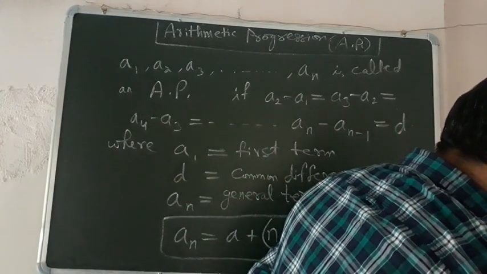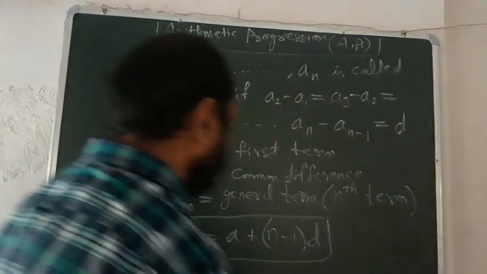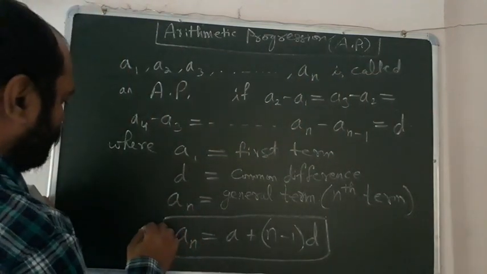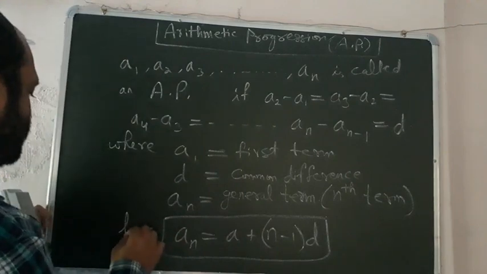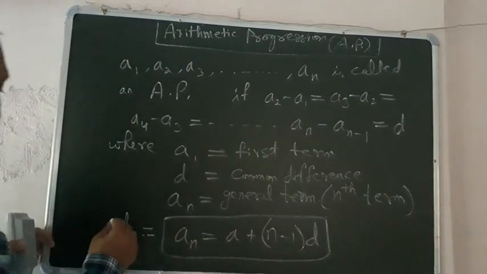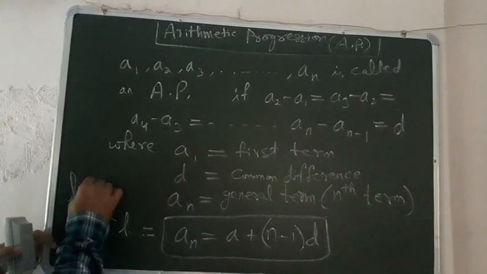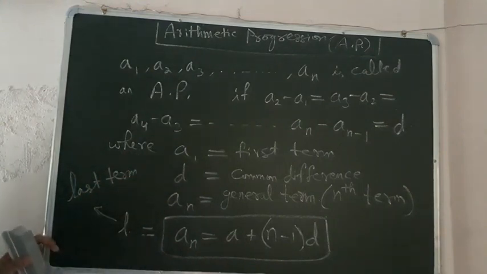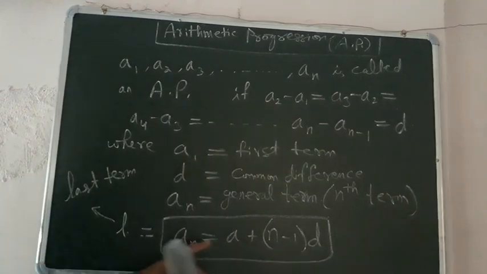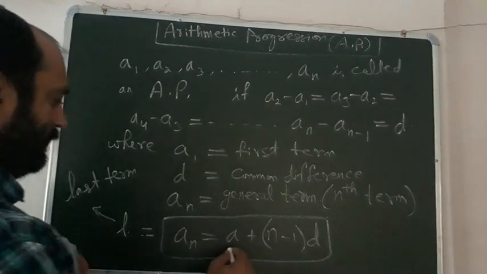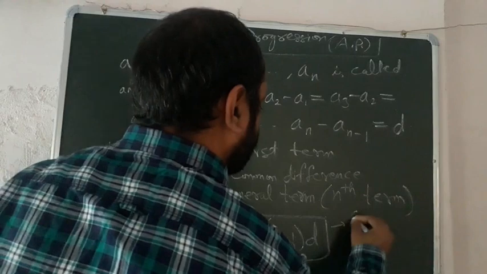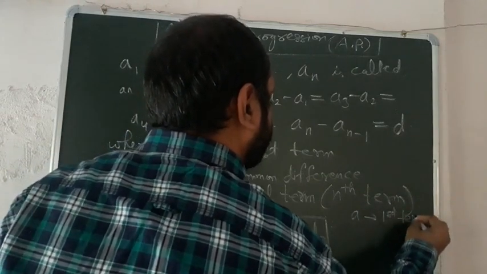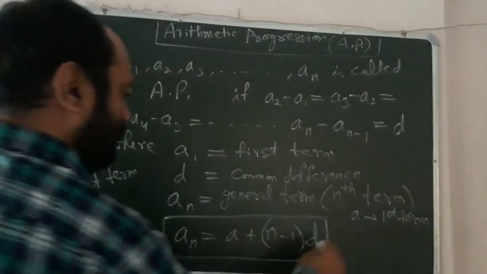Now as you know, this an is also known as the last term, which is represented by L. L stands for last term, right? A is the first term. You should know this.